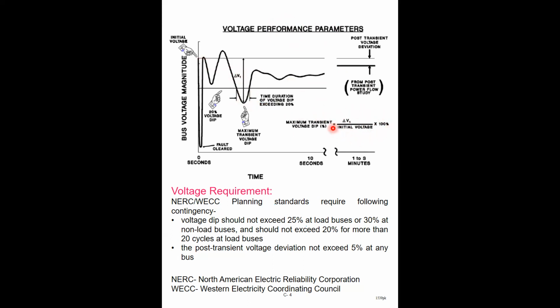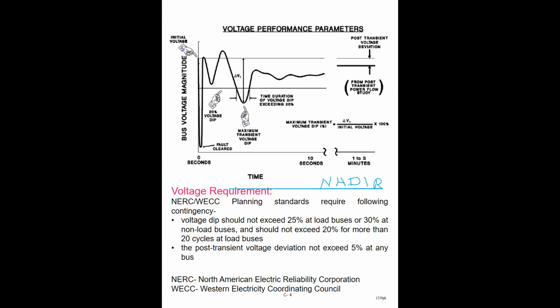Do you remember a similar term we defined for frequency? Like the maximum frequency dip. What was that known as? I don't remember now. Nadir. Do you remember this nadir? We call this quantity the nadir.